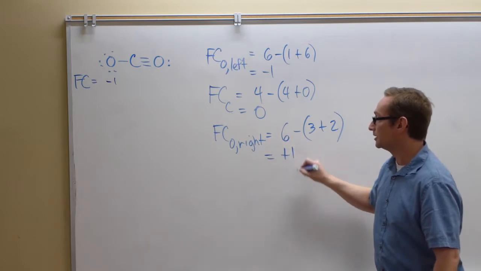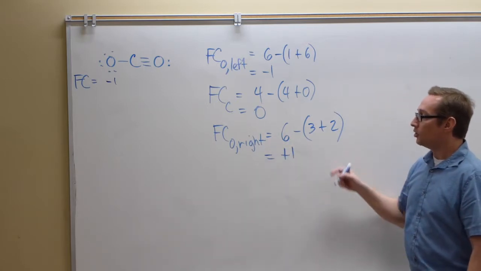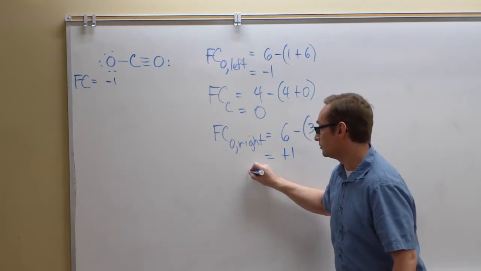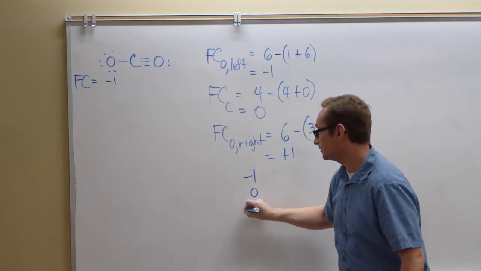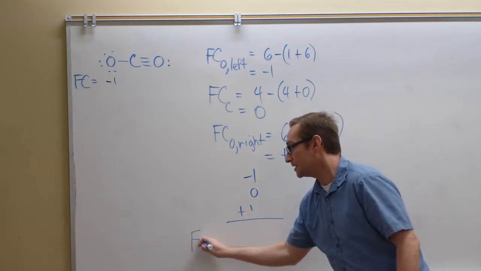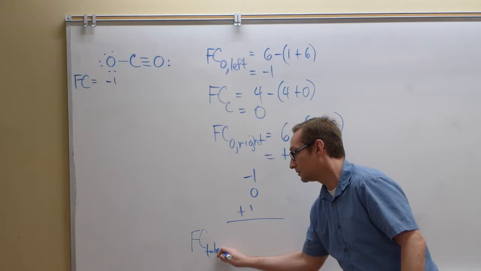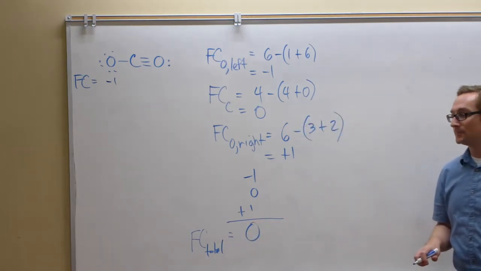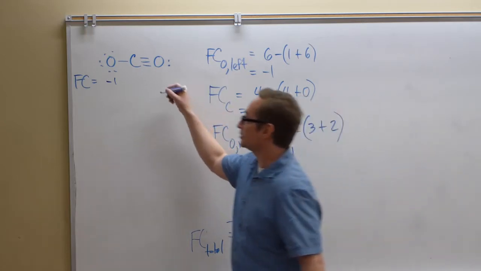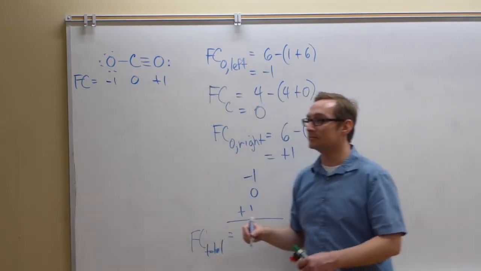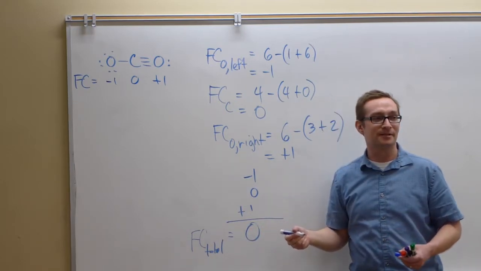And that would be a plus 1. So overall, if I add the minus 1, 0, and plus 1, the total formal charge is still equal to an overall charge of 0. But this is not the most stable structure because the formal charges are now not 0 anymore individually.